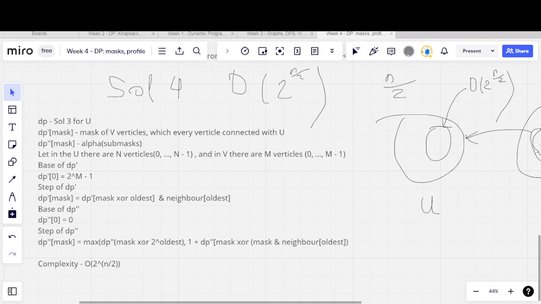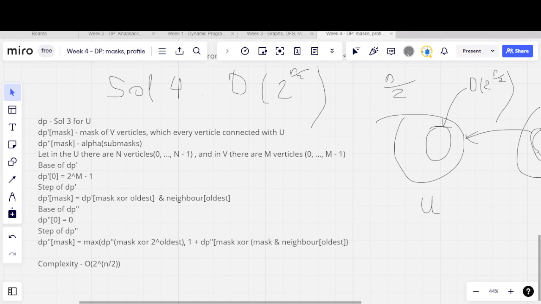And we try to calculate. These solutions will work on small graphs.